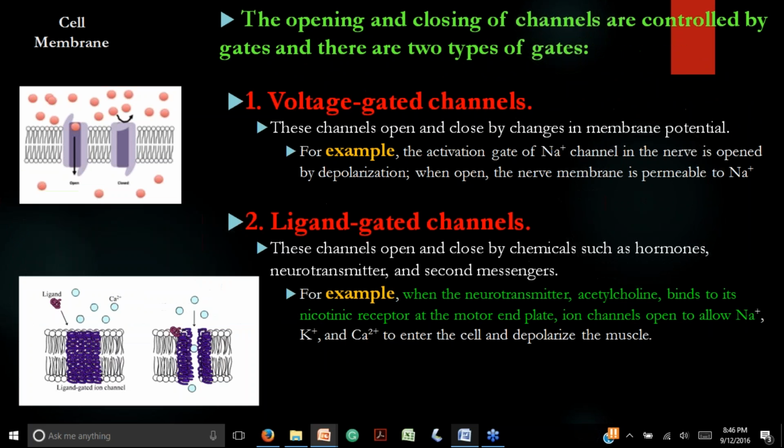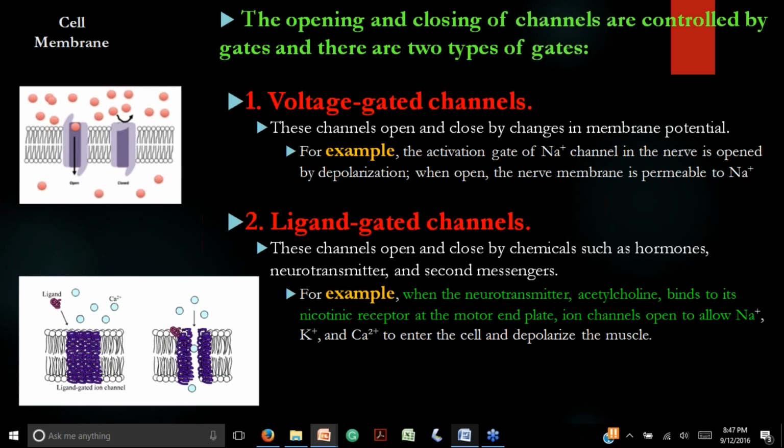So, for example, here we have the voltage-gated channels. The voltage-gated channels are a type of facilitated diffusion. Facilitated diffusion is used for the transportation of, for example, sodium, potassium, and water, and these work based on the membrane potential.